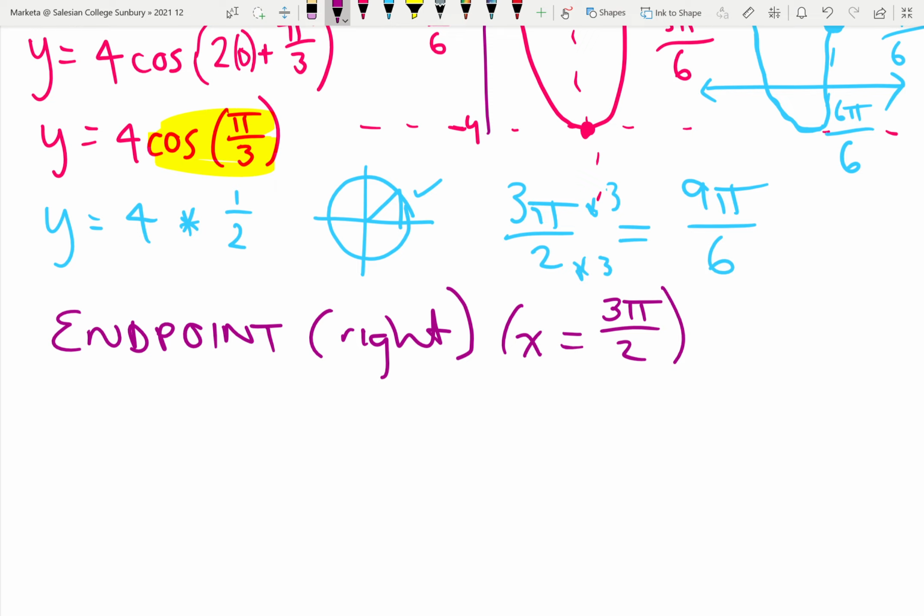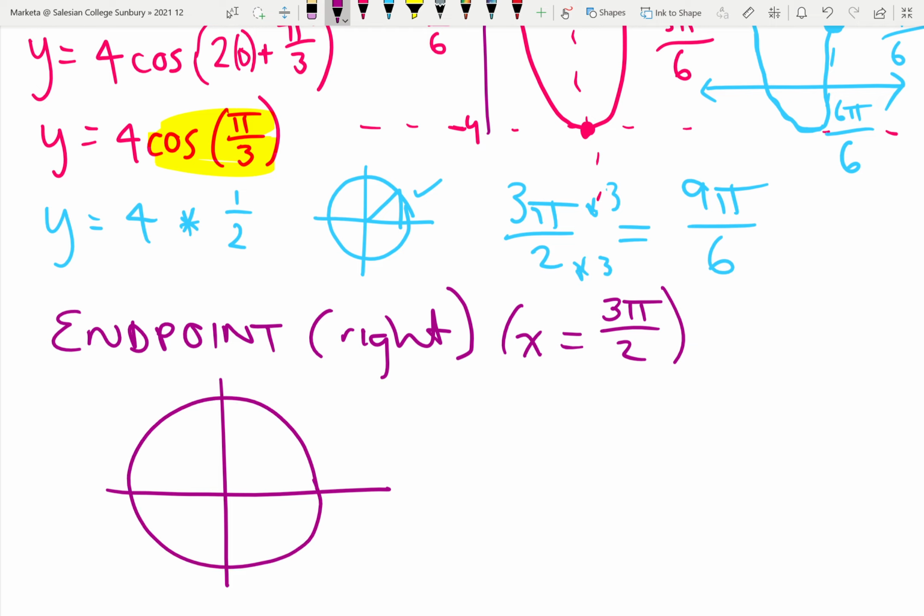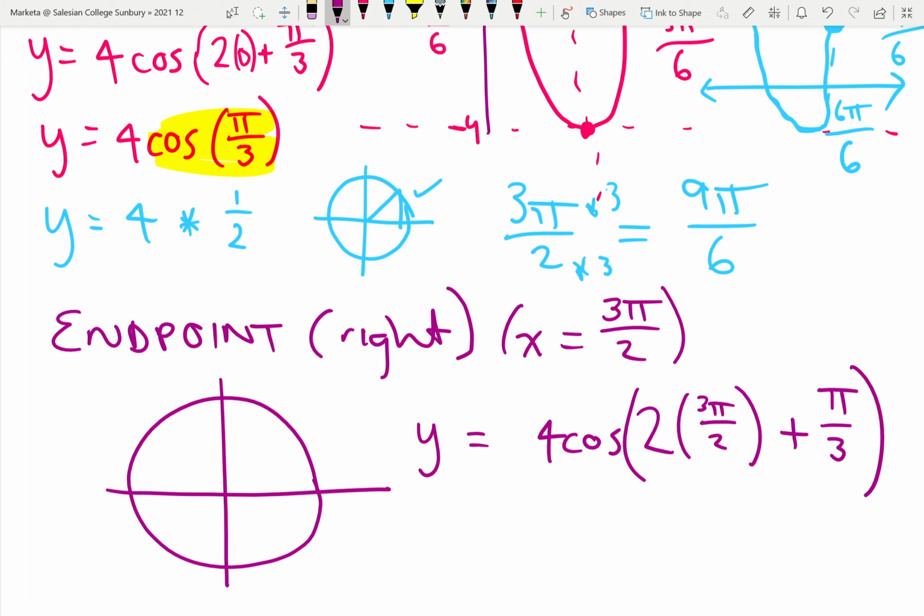Okay, so let's have a look. I'm going to draw it. And we've got 3 pi on 2. So we've got y equals 4 cos(2 times 3 pi on 2, plus pi on 3).